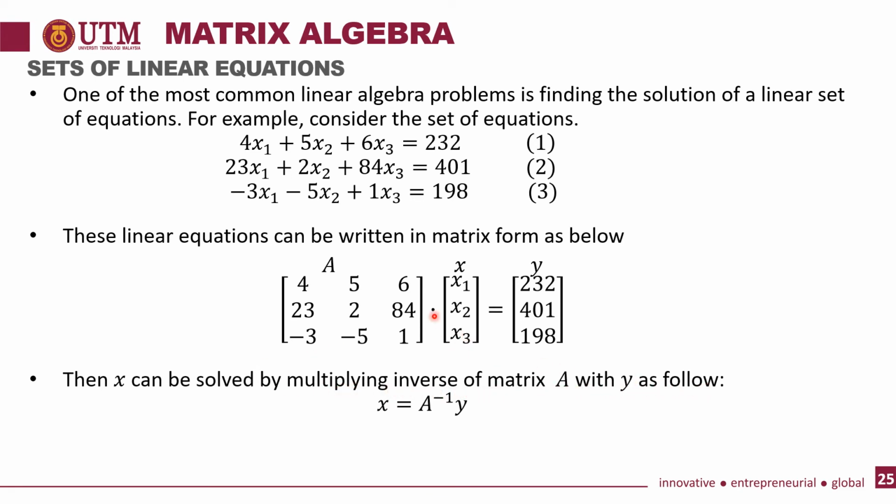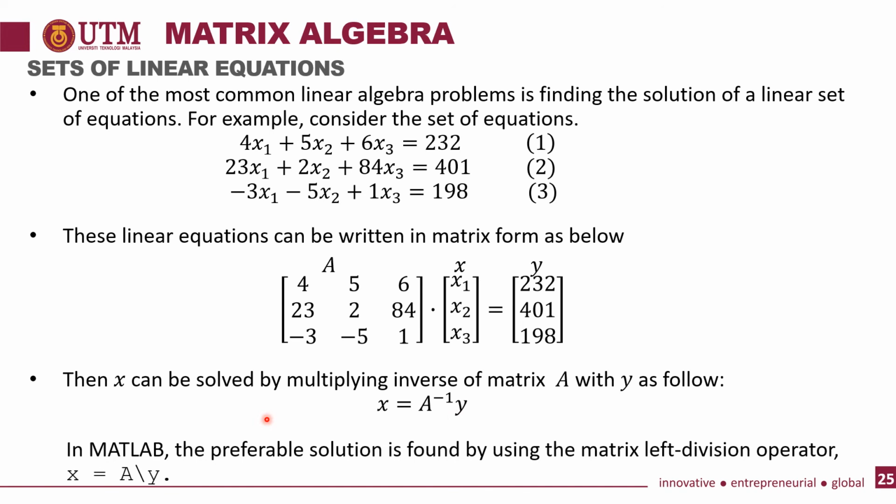When we want to move A from here to here, y must be multiplied by A to the power of negative 1, which is the inverse of A. So x equals A inverse y, because we want to move A here and find the value of x.